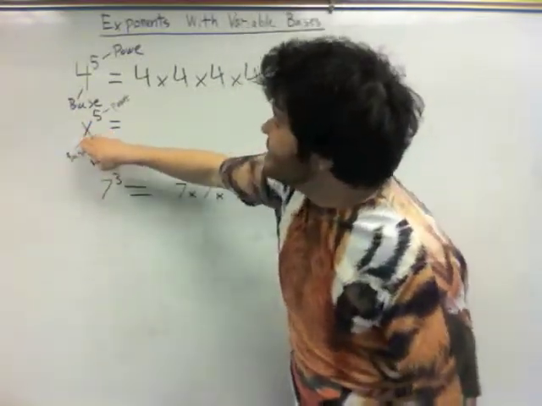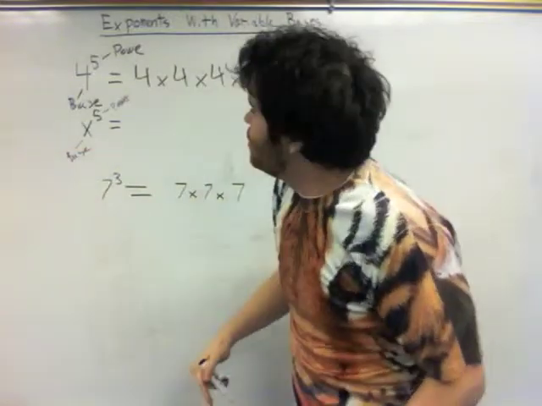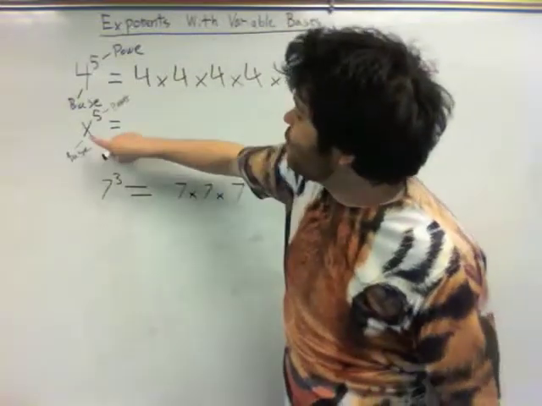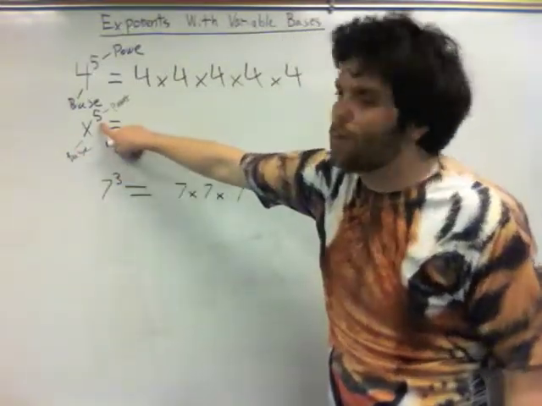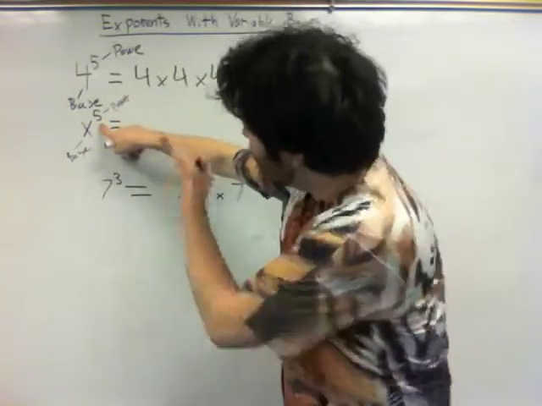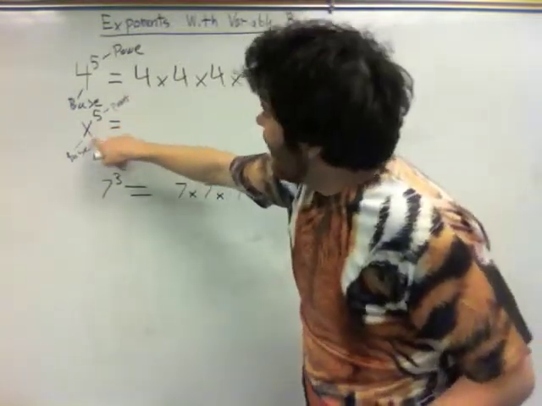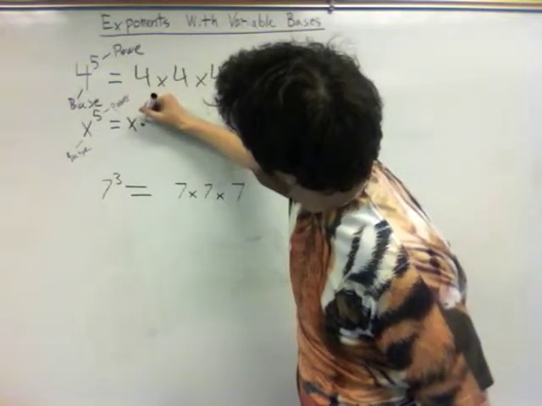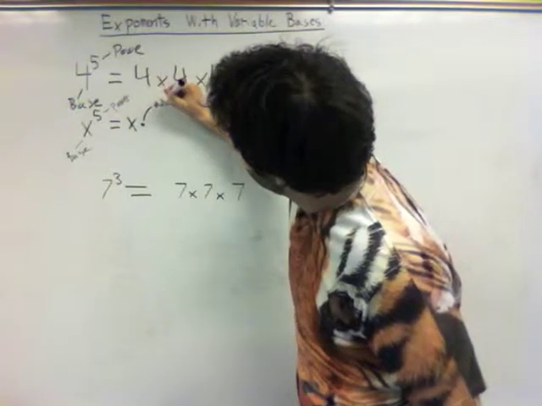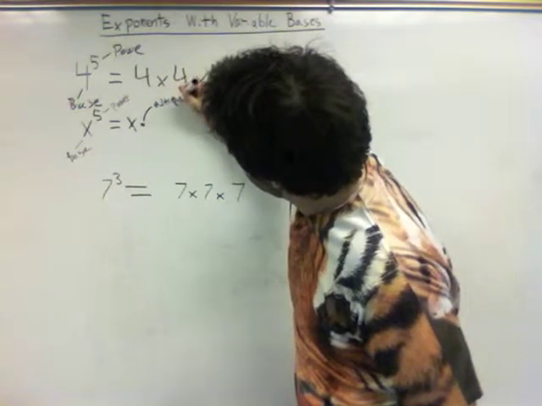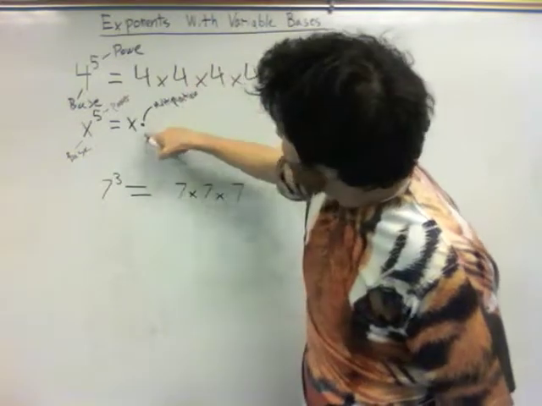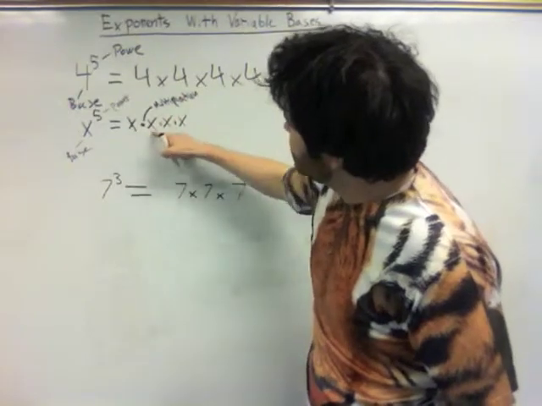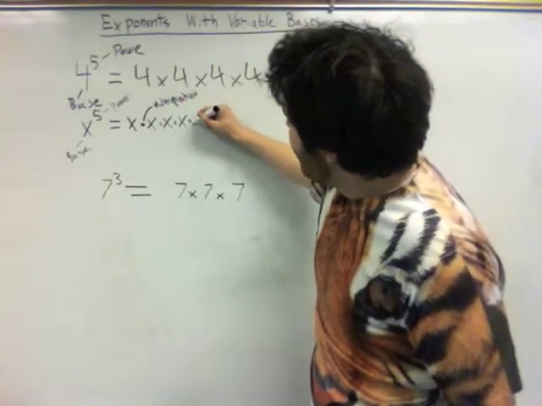So x is a number that we don't know yet, but we can still do things with it because we know it's a number. One of the things we can do is say, well, this is any number, and it's raised to a power. The power means we're going to multiply it 5 times by itself. So x to the 5th is just that number, and I'm going to use a different multiplication sign, x times x times x times x times x, 5 times.